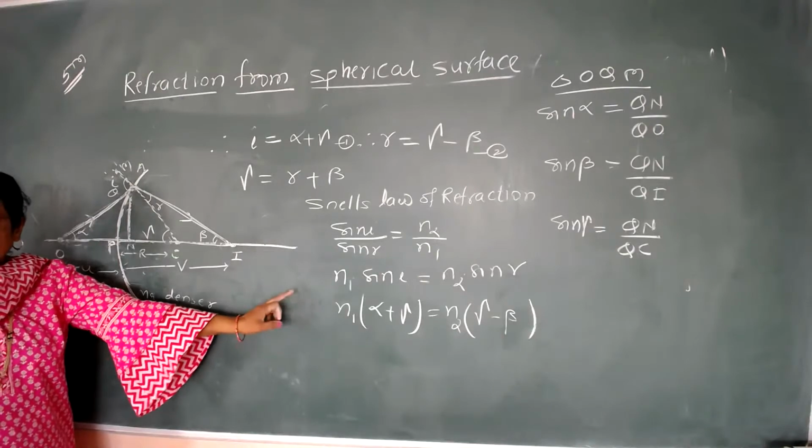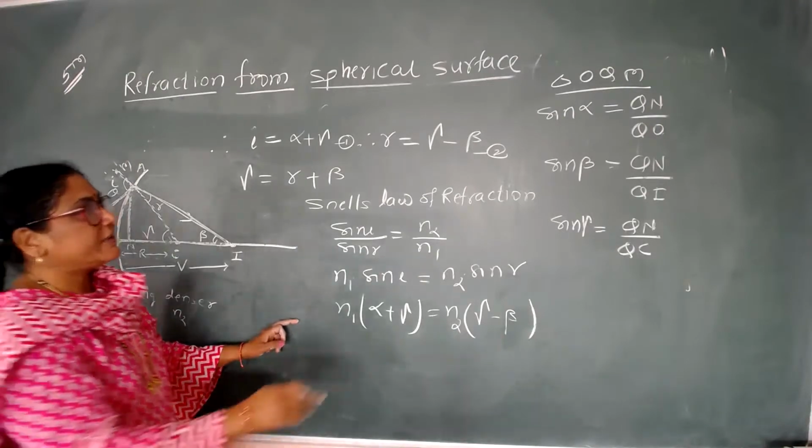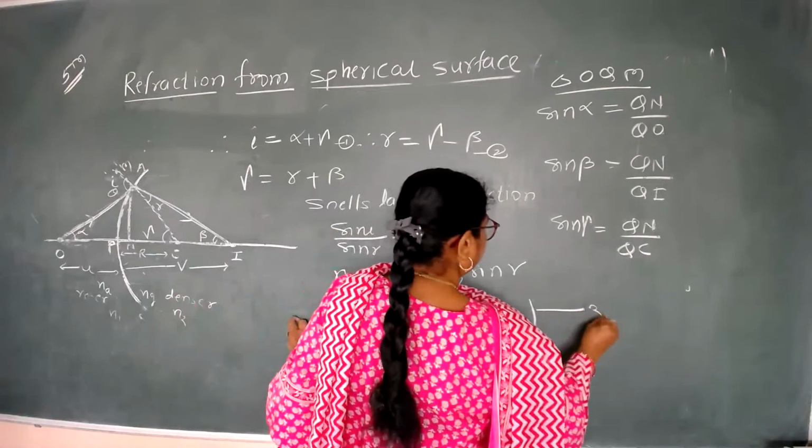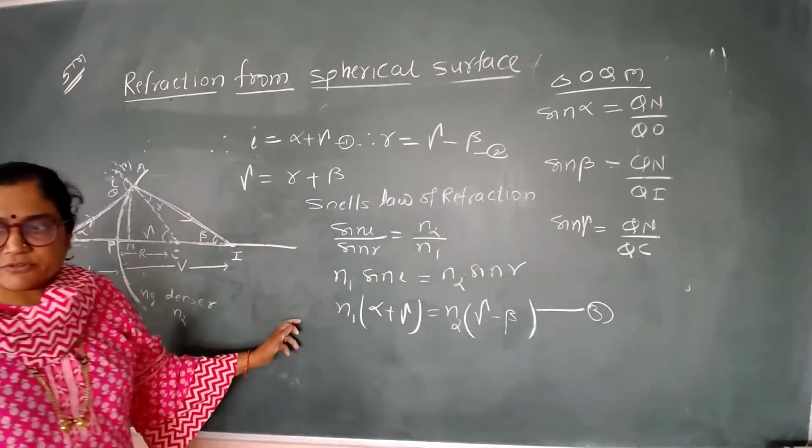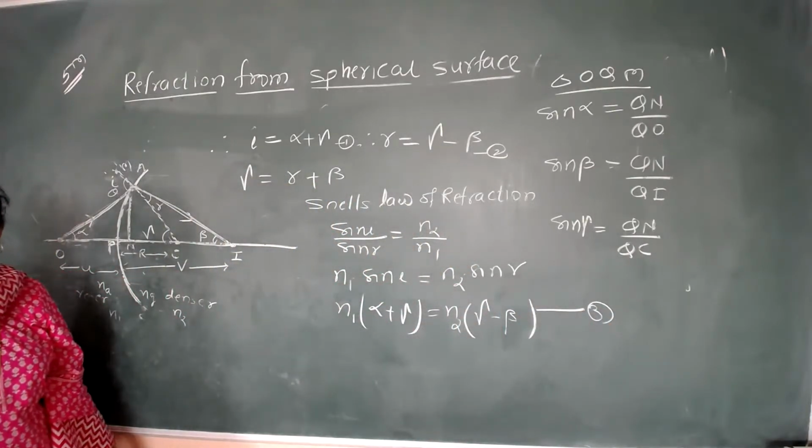Then substitute the values of alpha, beta, gamma in equation number 3.